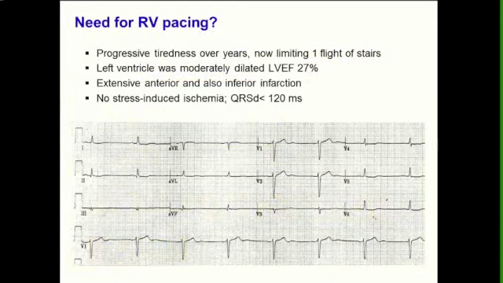What about a need for right ventricular pacing? And this often comes up. So this is a patient with progressive tiredness over years, now limited to one flight of stairs, low ejection fraction, ischemic cardiomyopathy, residual ischemia, QRS less than 120. So the patient is indicated for a prophylactic ICD, a dual chamber ICD, in view of the chronotropic incompetence, to pace the atrium.